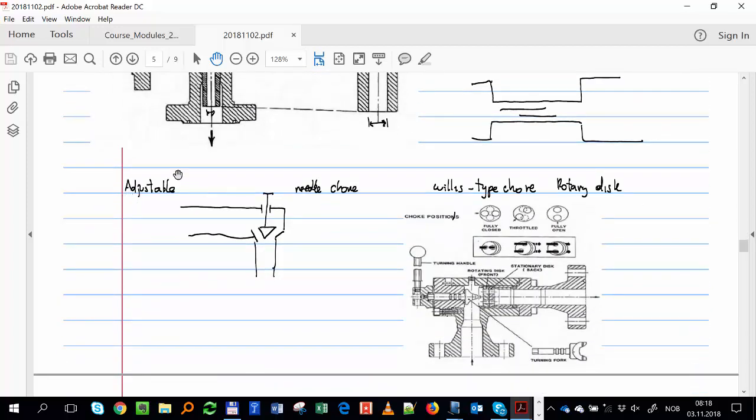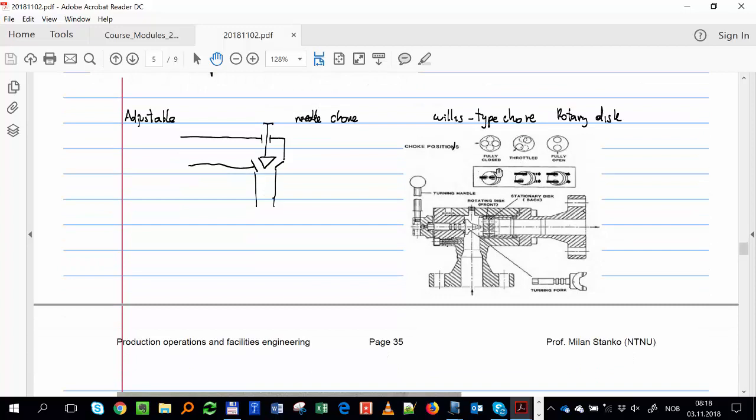The adjustable choke, usually they are more expensive. So only if the rate of the well allows, I can install it, or for subsea wells or platform wells, they typically have an adjustable choke because these are expensive wells. So I don't want to be stopping production every time.